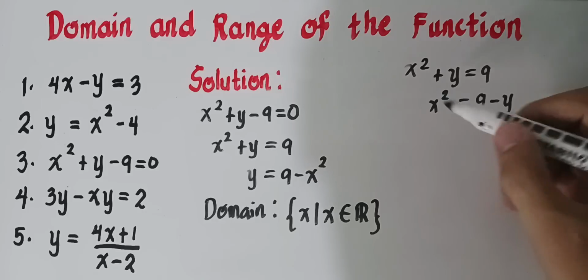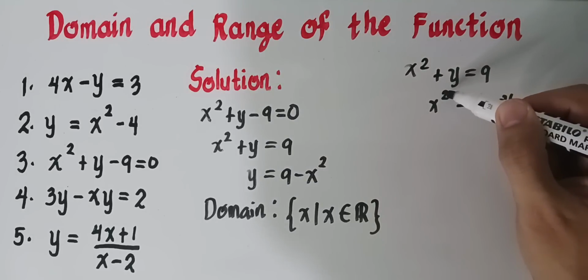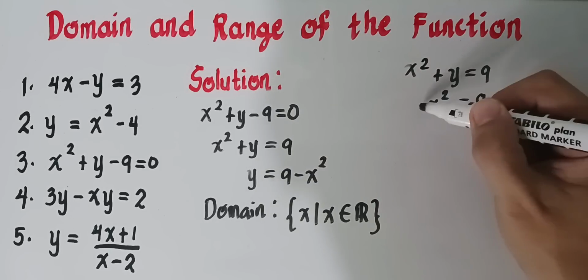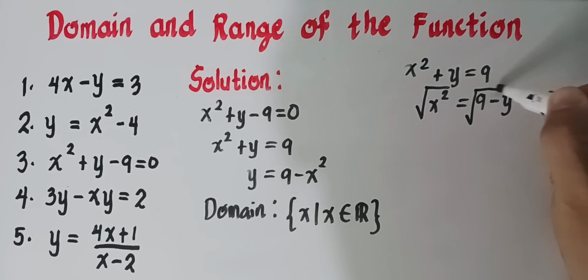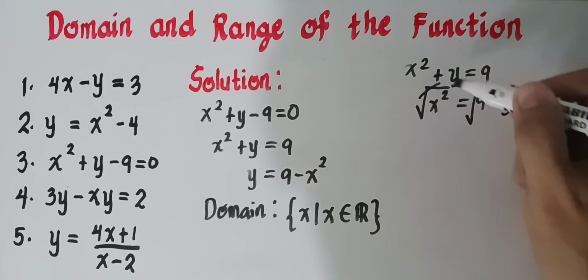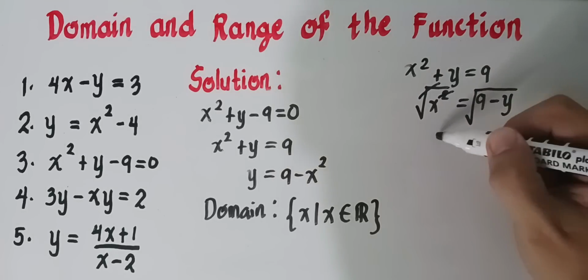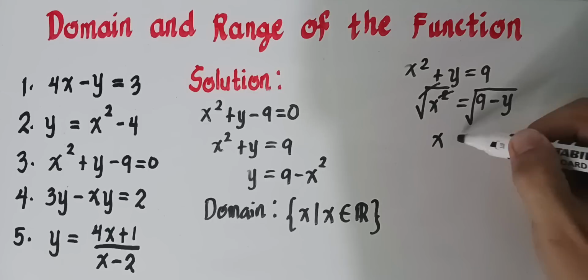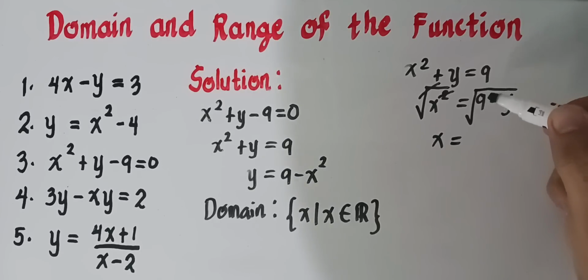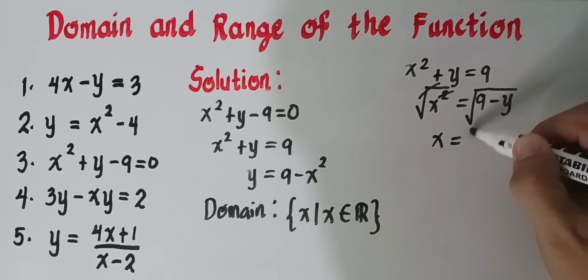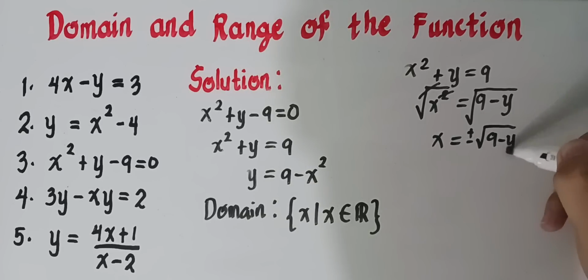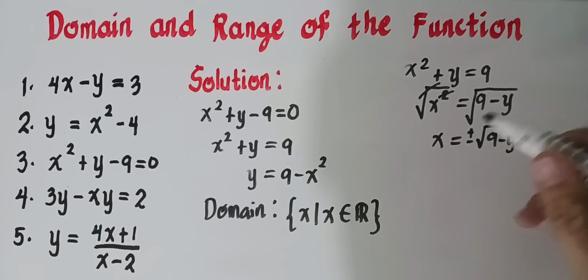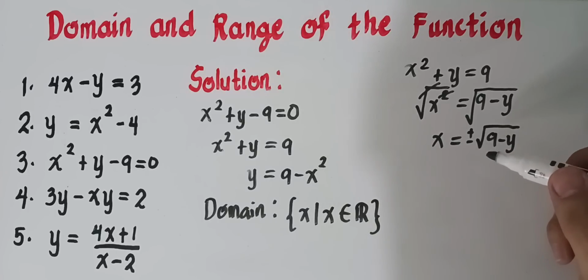Okay. So, to cancel out the exponent, we need to, by squaring both sides, okay, that's the term, magiging x na lang yan. And then, ito na siya, positive, negative, 9 minus y.